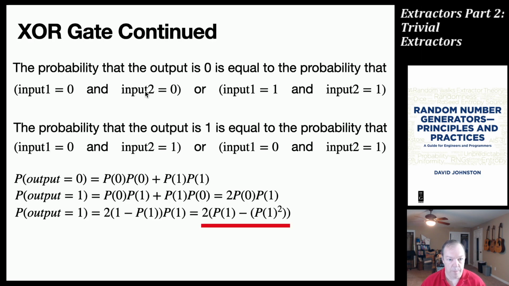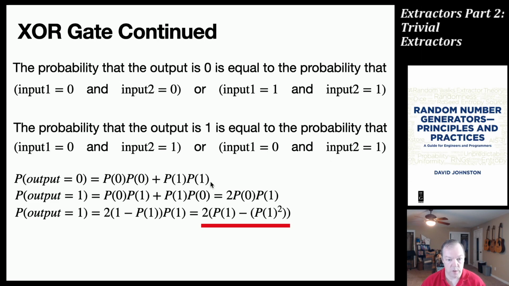We can define the probability of a 0 as we did in the previous slides, getting the first input as a 0 and the second one as a 0, or the first input as a 1 and the second input as a 1, and the probability that is a 1 is the probability that the inputs are different, 0, 1 or 1, 0. That should be 1, 0 there.